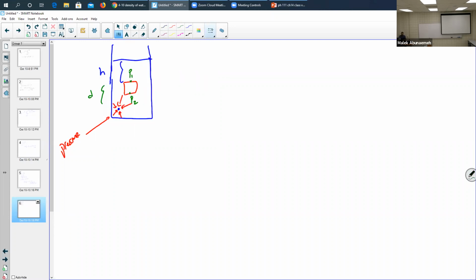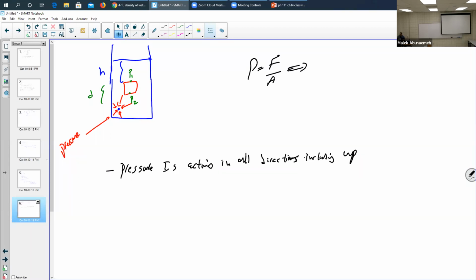So your pressure is acting in all directions, including up. Now again, remember that your pressure is going to equal your force per area, which means the force you're going to have is going to equal your pressure multiplied by that area.